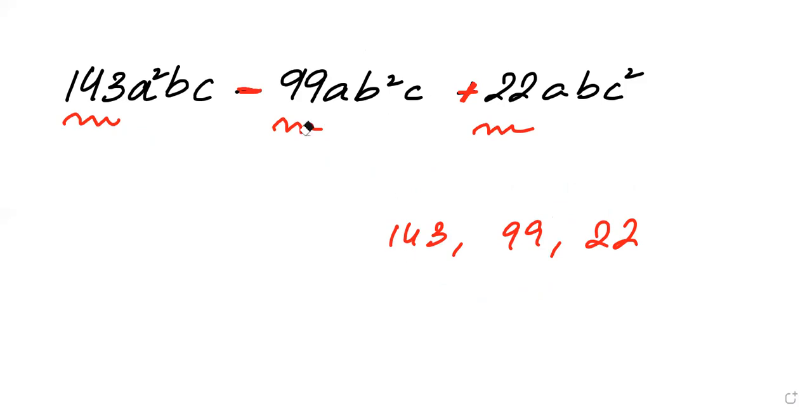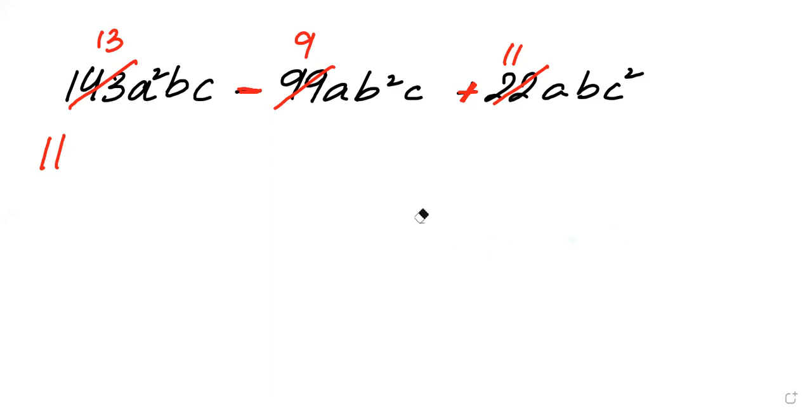So yes, we have an all common factor this time, and this all common is 11, because 11 13 times is 143, 11 9 times is 99, and 11 2 times is 22. Common factor means a number which can divide all the numbers in all the 3 terms. Then come to the variable.